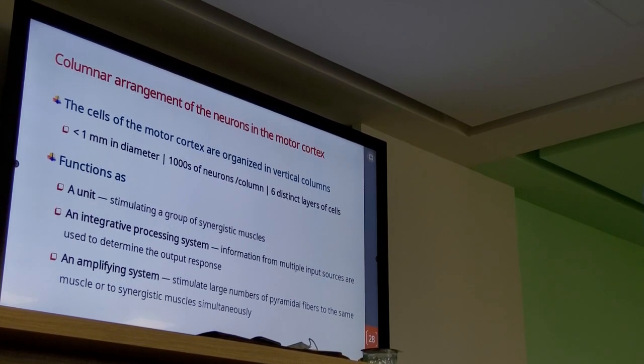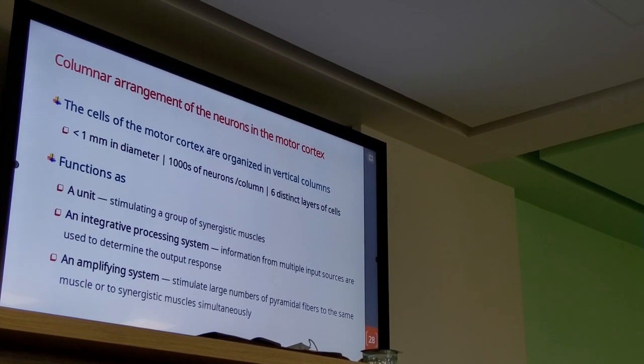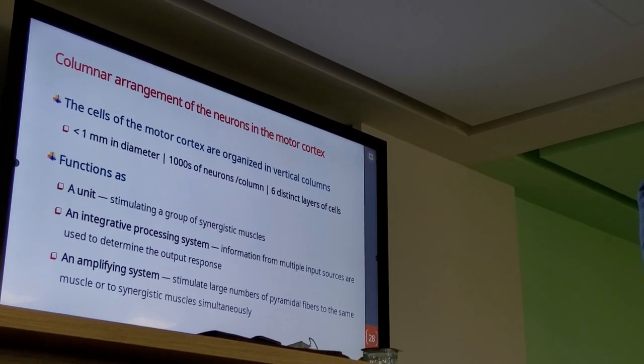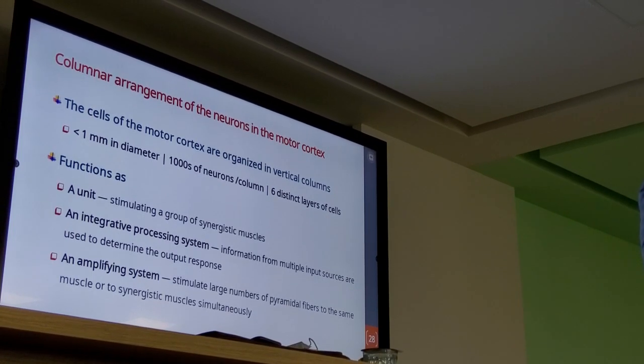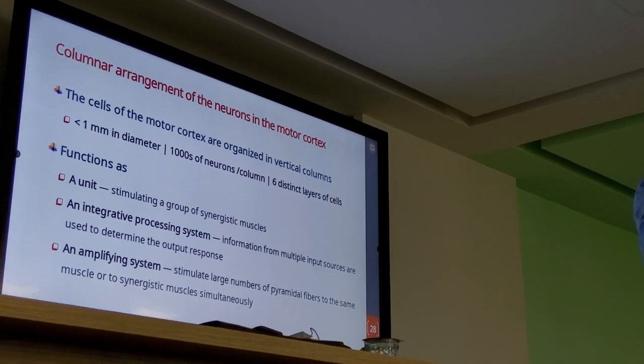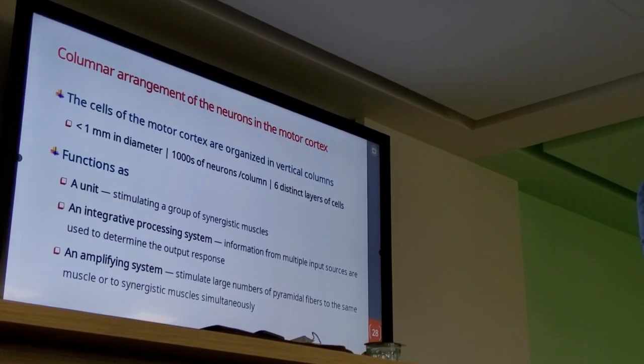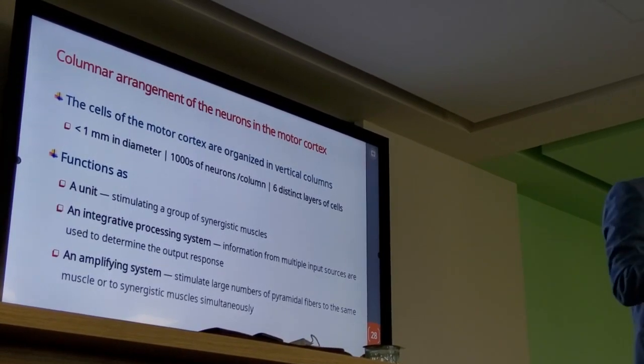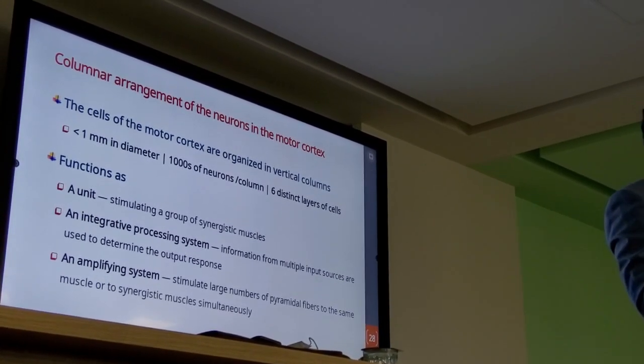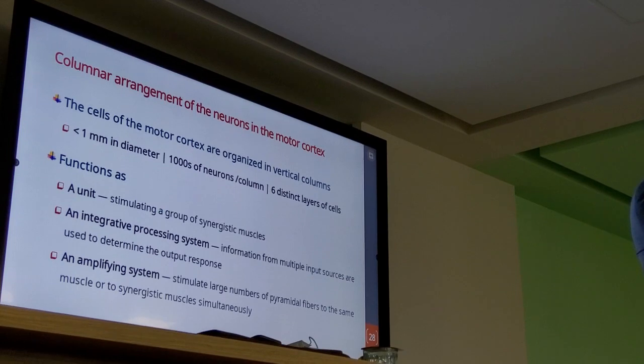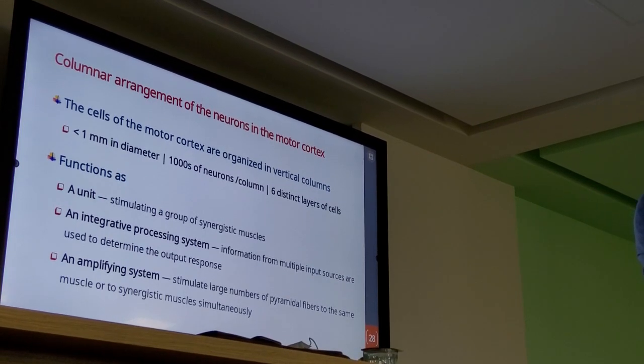But the same areas of the cortex have also some columnar organization. So layers are located like this, horizontally, but columns are located vertically. You can imagine the cortex as having several millions of these columns. So in each column, you have 6 different layers, right?